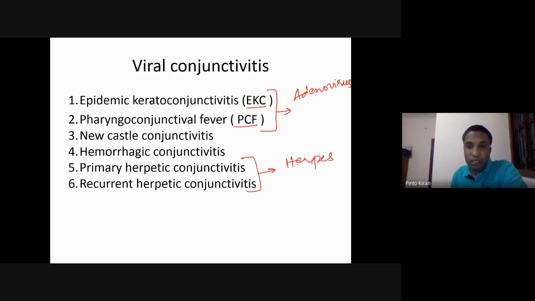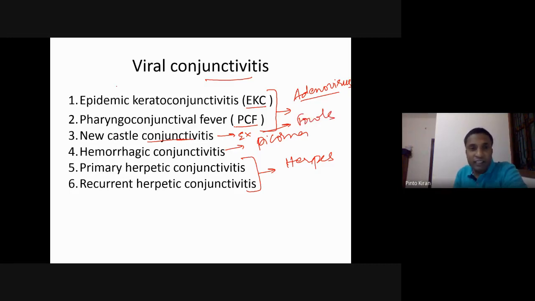This you have to remember. So herpes, adenovirus, then you have picornavirus. These are the viruses which, the majority of the time, cause conjunctivitis. Then you have Newcastle conjunctivitis, which is because of exposure to diseased fowls.